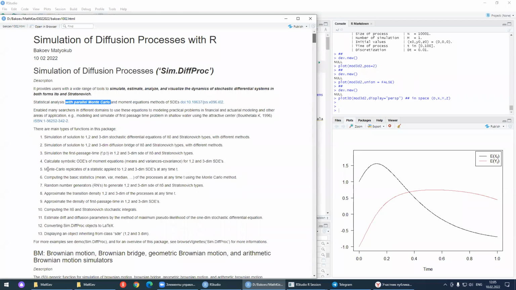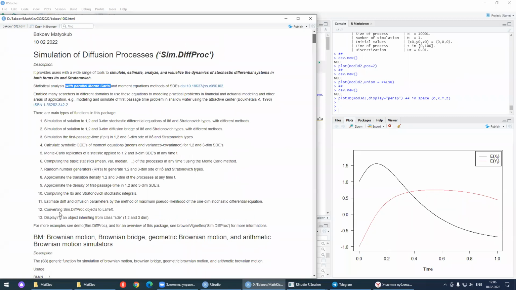Monte Carlo replicate statistics: you can use Monte Carlo methods in parallel or non-parallel. Computing basic statistics, mean, variance, etc., of the process at time t using Monte Carlo methods. Random number generation, approximation of transition density, approximate density of first passage time, computing Ito and Stratonovich stochastic integrals, etc. And estimating drift and diffusion parameters of the stochastic differential equation.